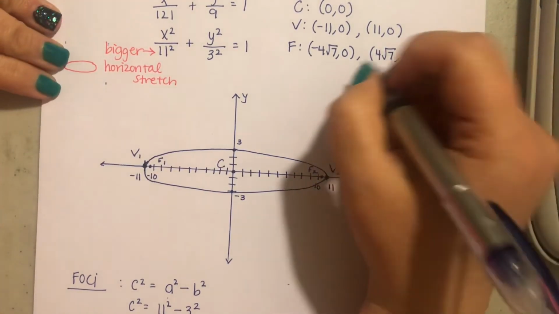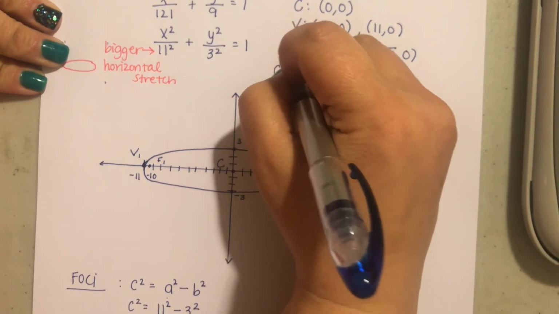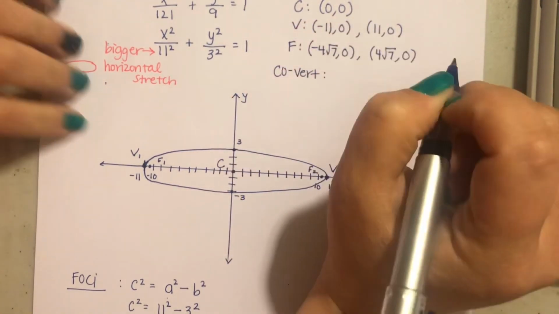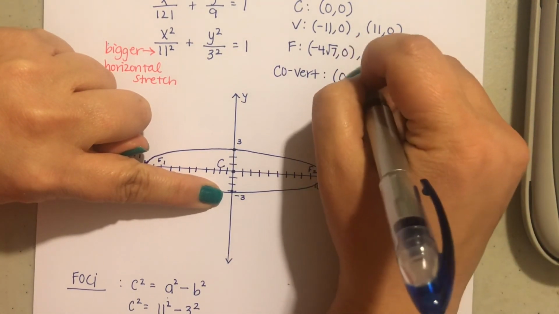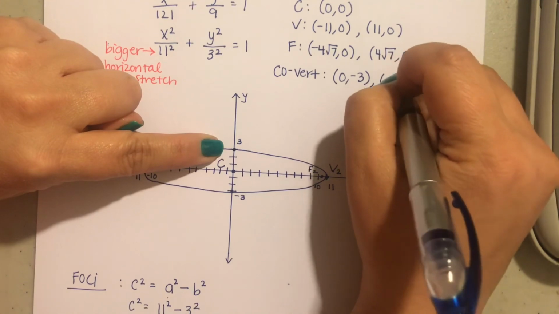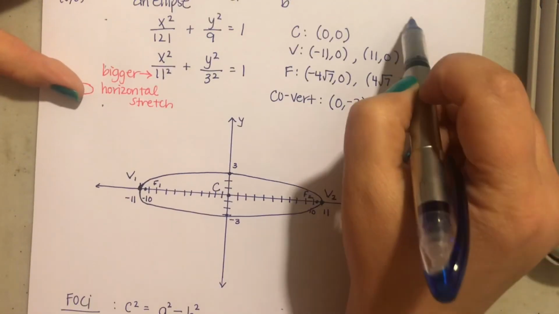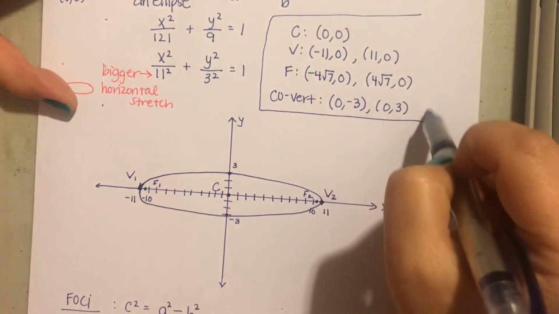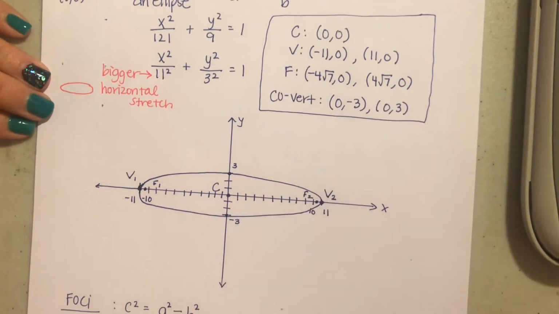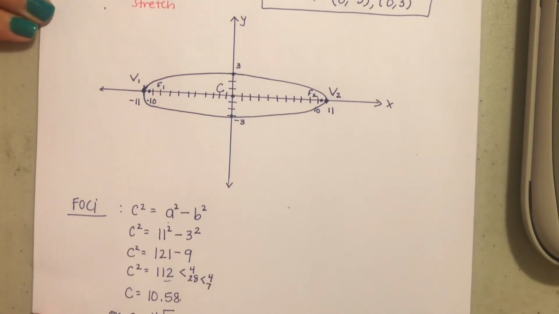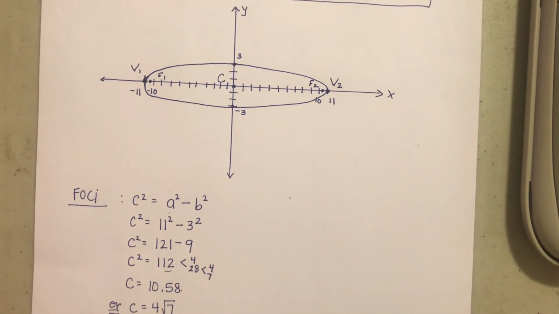Again, I didn't ask you for this, but it doesn't hurt. You can also label the co-vertices. That's going up and down, so that's 0, -3, and 0, 3. So this is really a lot of the requested information. You really only needed to do these middle two, but all of this is useful, as well as the graph. And you have that graphing tool on Canvas that you can use right underneath this question to verify your results. All right, see you in just a moment for number 2.